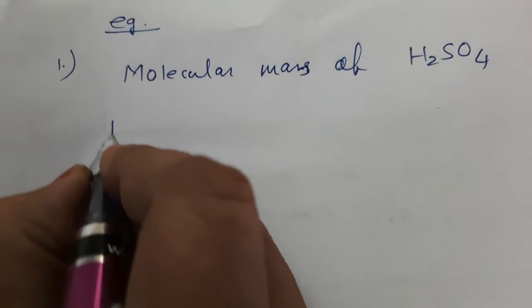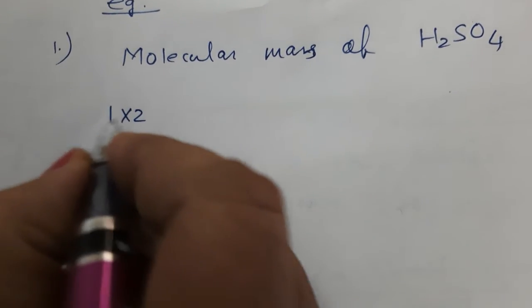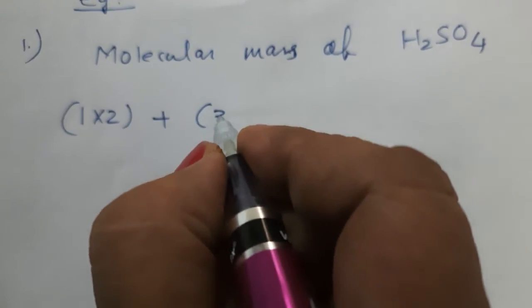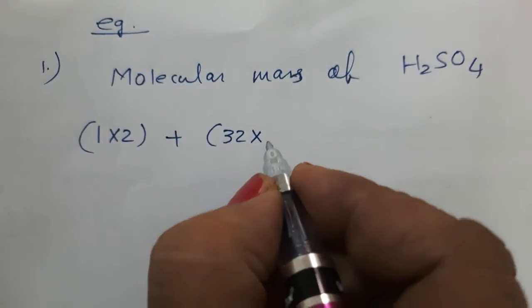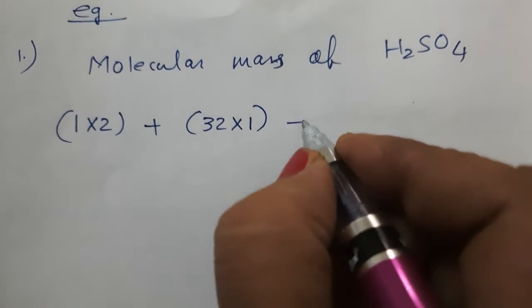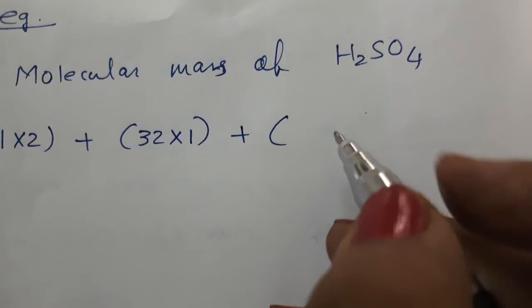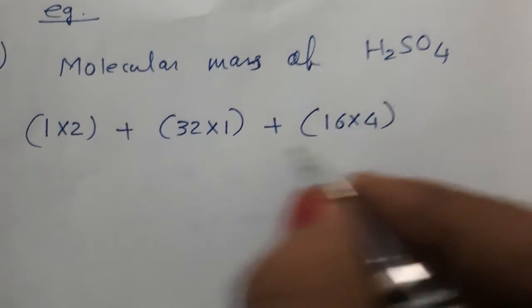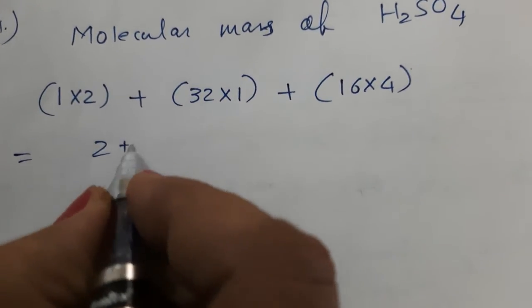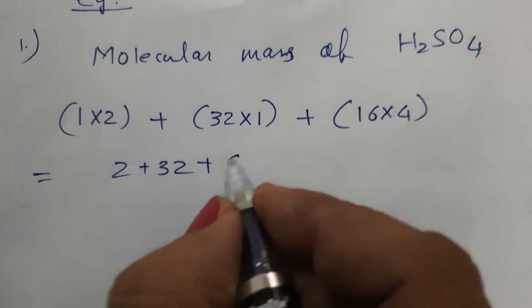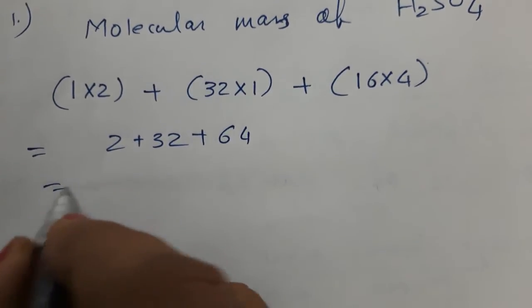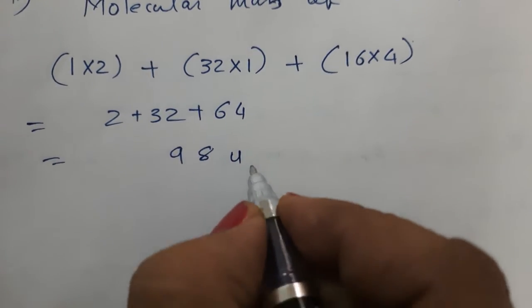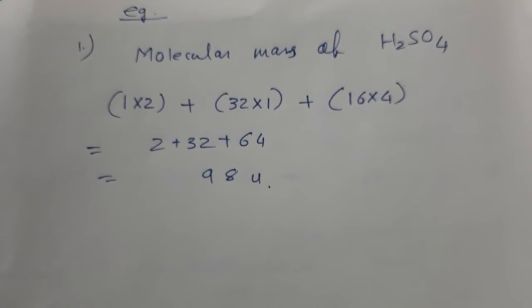So H2 means 1 into 2, average value we have taken, plus sulfur is 32, so 32 into 1, plus oxygen is 15.99, so it is 16 into 4. So when you add these three, 2 plus 32 plus 64 is equal to 98. Okay, so in this way molecular mass is found.